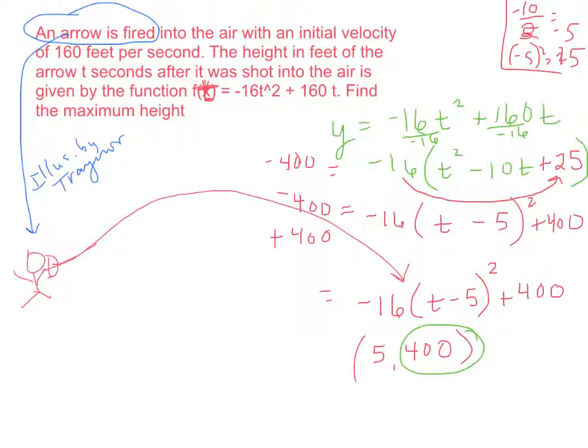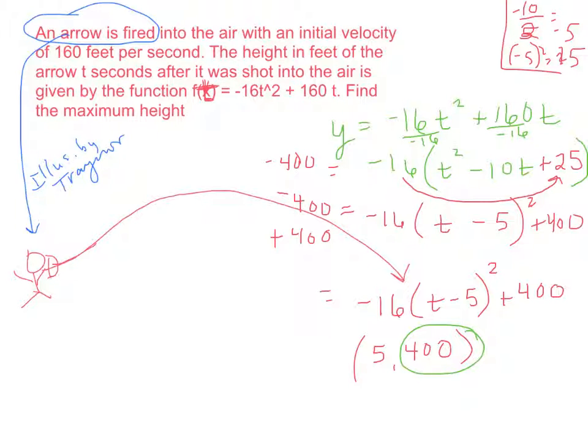So this is your t seconds. Remember we said if you don't like t, use x. This is your x. So that's your time. And this is what you got after you plugged in 5. So at 5 seconds is when the maximum height occurred. And the height is what you get when you plug 5 into that equation.